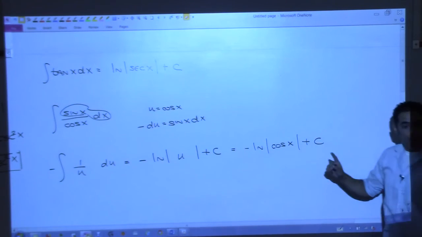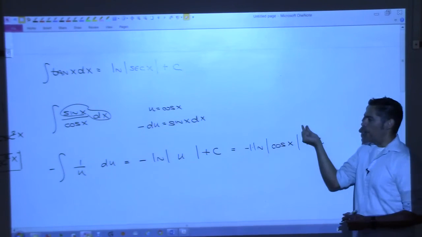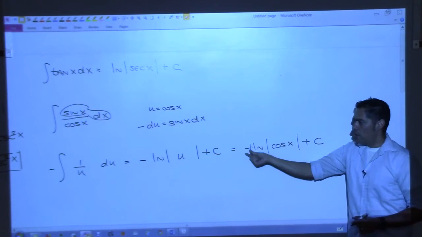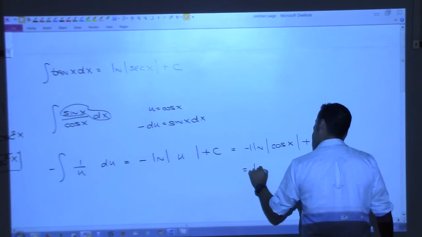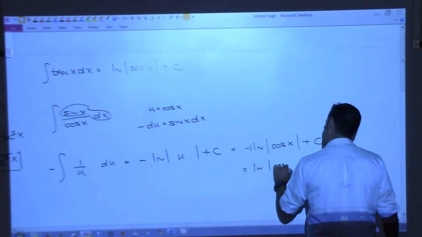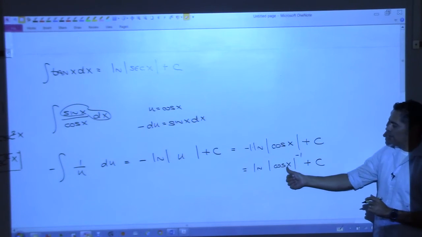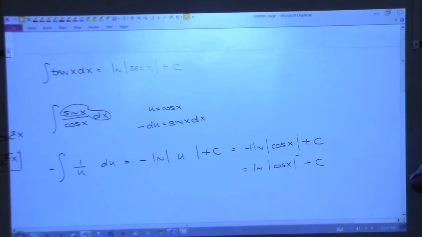Absolutely you can. That's a property of logs, right? This is a -1, isn't it? The property of logs says if you have a power up here, you can bring the power out. But that means if I have a number out here, I can bring it up. So this becomes natural log of the absolute value of cosine x raised to the -1 plus c, not the arc cosine. It's the absolute value of cosine of x to the -1, which means 1 over it.